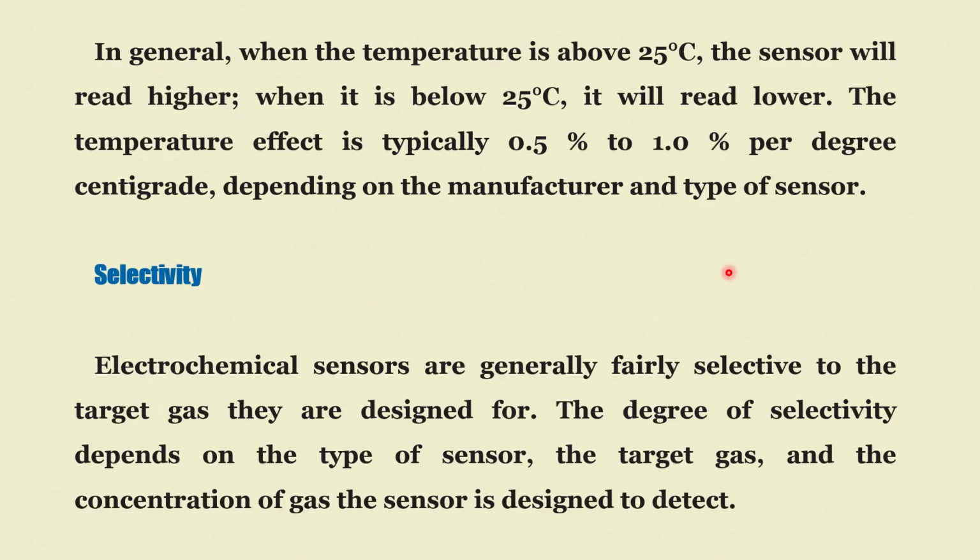And regarding selectivity, the degree of selectivity depends on the type of sensor, the target gas and the concentration of the gas the sensor is designed to detect. There is not much to say here in expanding this sentence to mean something technically new for you, because we have talked about selectivity, the target gases, and the concentration the sensor is designed for detection.